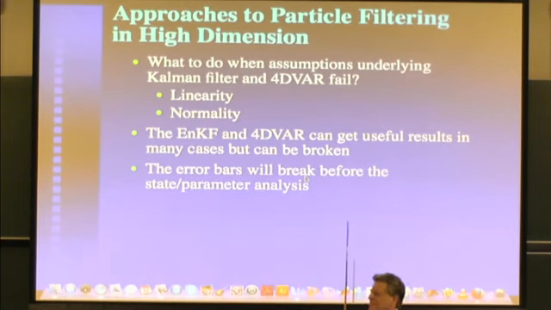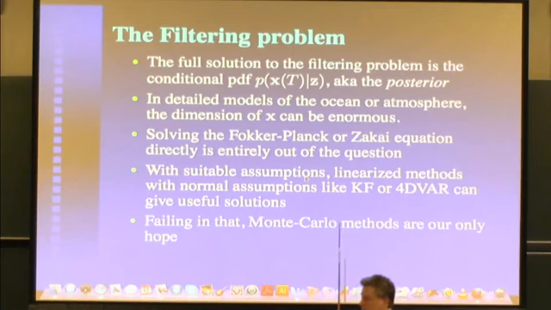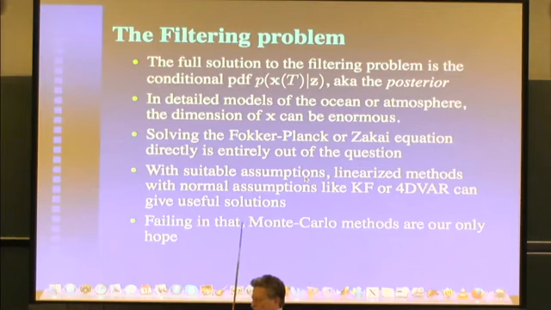But I had a question. I thought that 4D-Var didn't rely on linearization. It's not a linearized method. It just computes a maximum likelihood. It computes a maximum likelihood, but it's local. There's a localization in state space assumption built in because of the nature of the variational calculation.